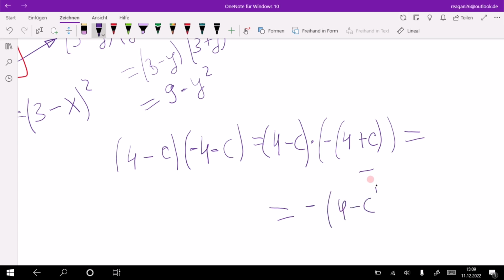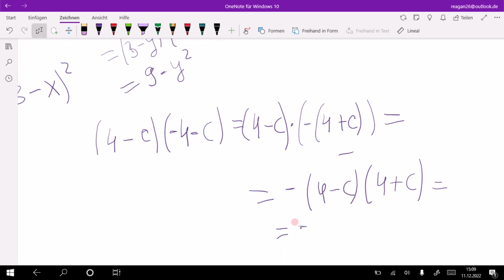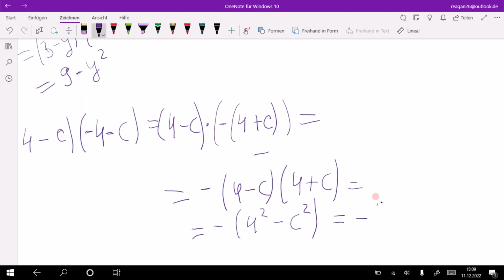It will be minus 4 minus c, 4 plus c. It is the difference of squares, minus 4 squared minus c squared, or minus 16 minus c squared.